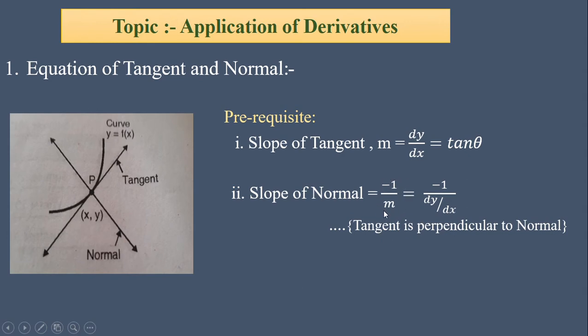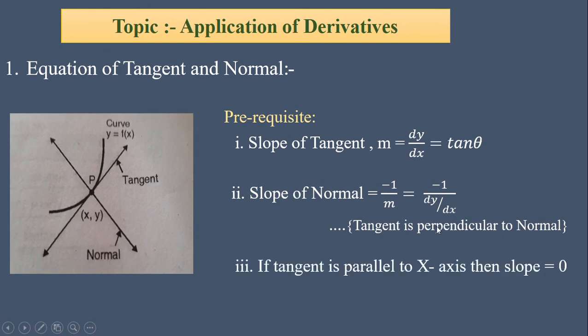By that rule, the slope of the normal can be easily obtained using the formula minus 1 upon m, where m is the slope of the tangent, or simply minus 1 upon dy by dx. The third important point to remember is that if the tangent line is parallel to the x-axis, then the slope is 0.